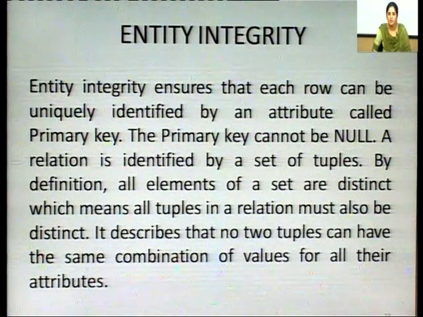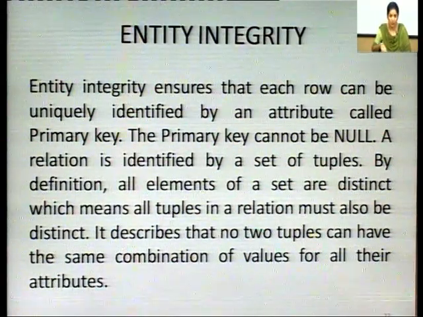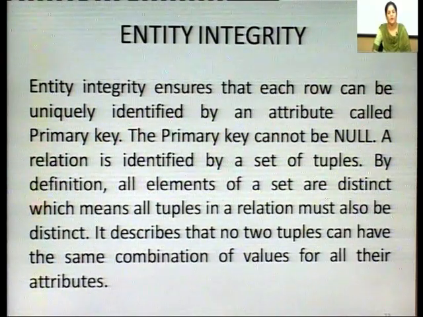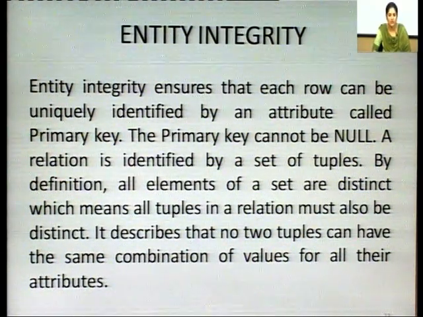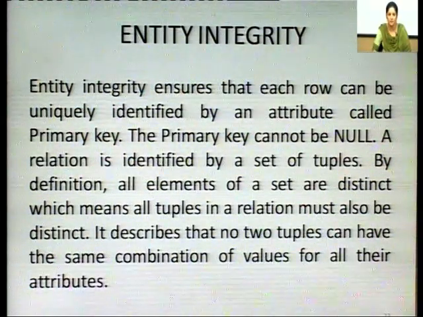It describes that no two tuples can have the same combination of values for all their attributes, and in case it happens, it will violate the consistency of your database and you will have redundancy, that is duplicacy in your database.